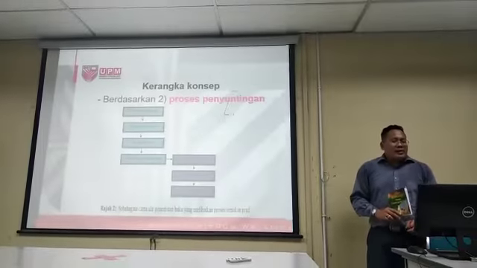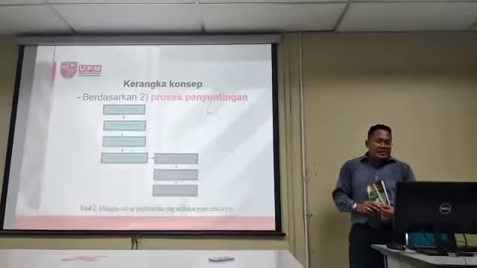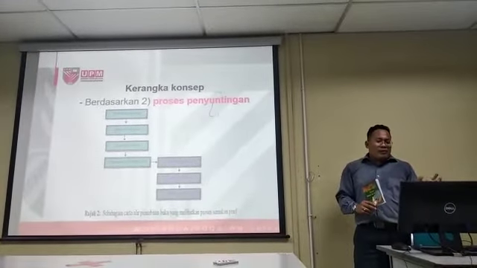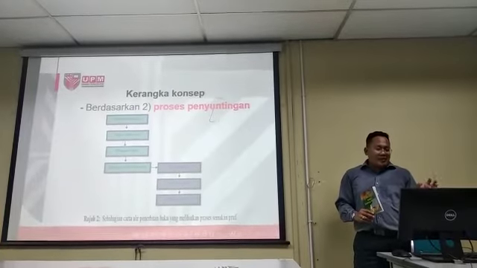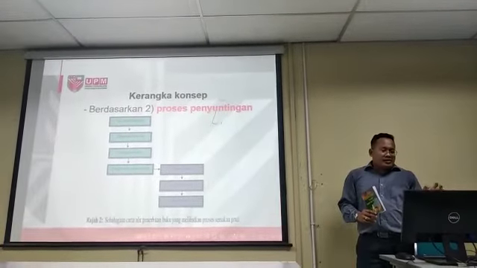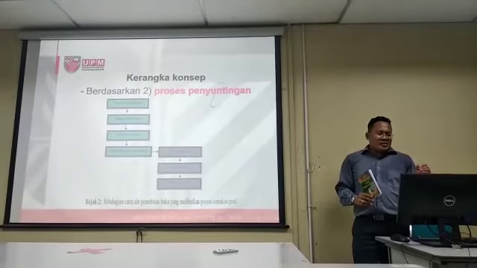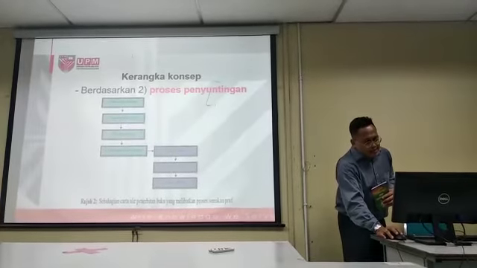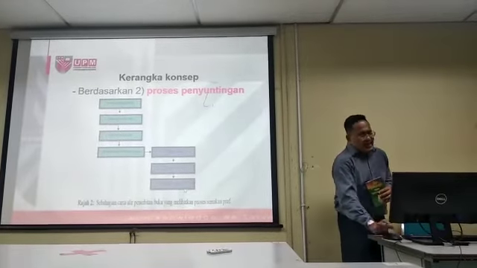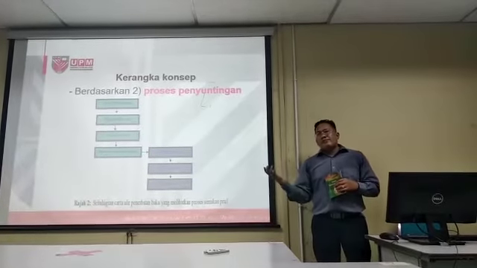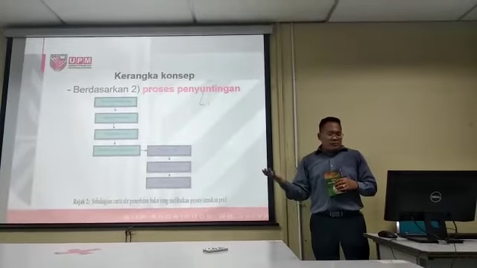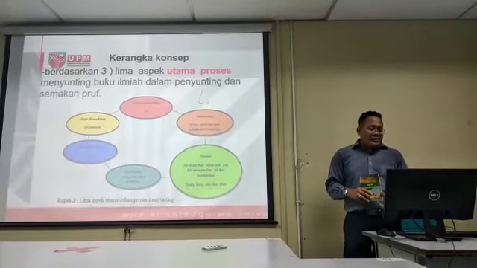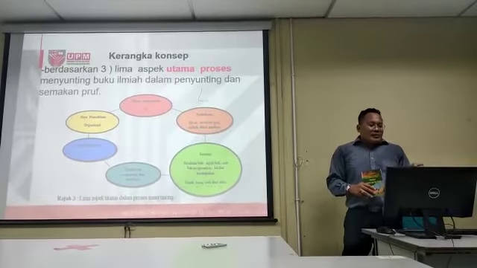Okay, after that, for this paper, we used step-by-step editing. We start the editing process, reading and reading, and then produce proof 1, proof 2, and proof 3, and the last dummy before the book is published.